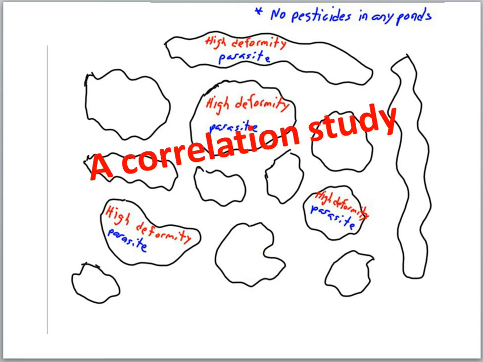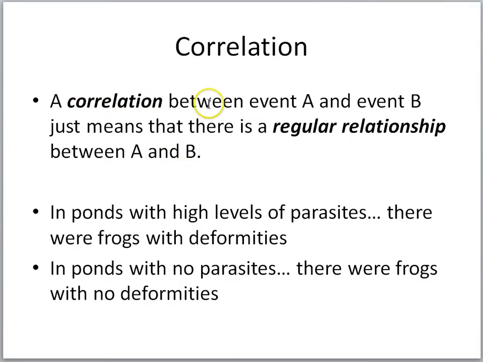Now, this kind of observation is a correlation study. And it's an important type of study that scientists make use of, but as we'll see, there are limitations to this type of study. A correlation between event A and event B just means that there's a regular relationship between A and B. So in ponds with high levels of parasites, there were frogs with deformities.